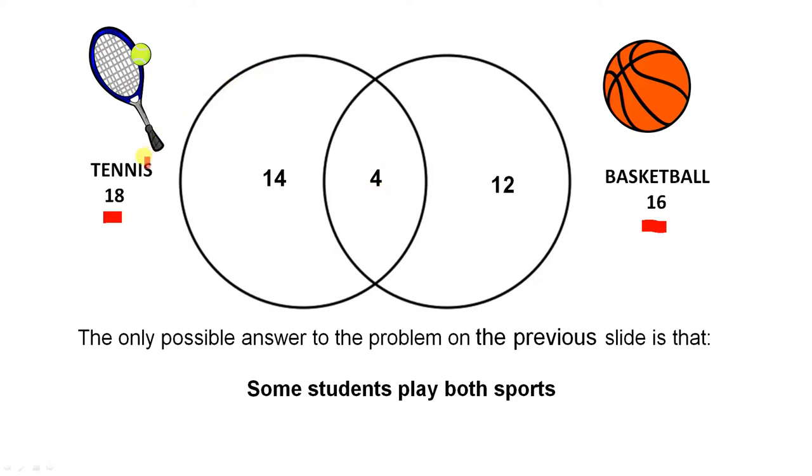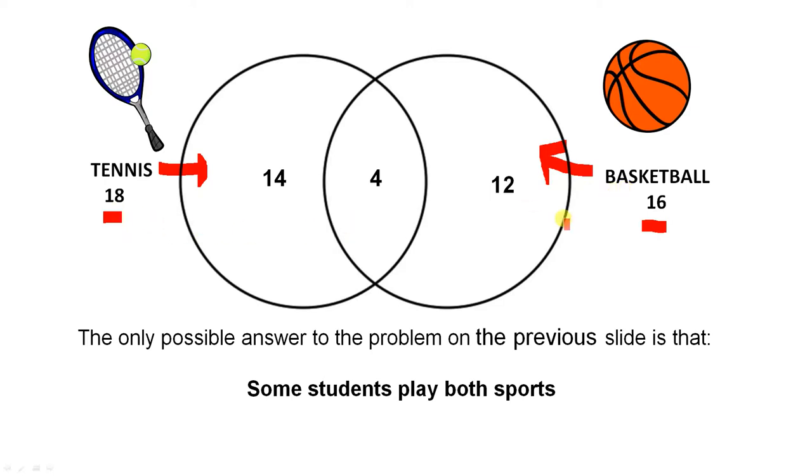Because tennis, that's that circle there, so all the students in that whole circle, the total number, play tennis. The students in that circle there, right through that circle, the total number play basketball.